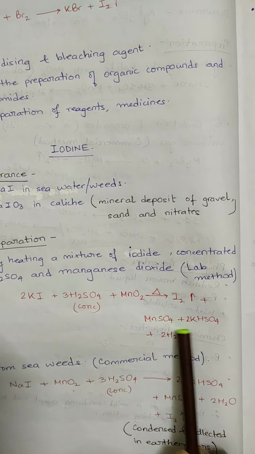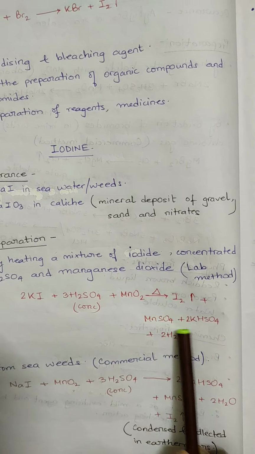Next is the commercial method of preparation, in which we see that sodium iodide reacts with manganese dioxide in presence of concentrated sulfuric acid, giving this particular reaction. But over here what we see, the difference is here it is NaI, but whereas in laboratory it is KI.